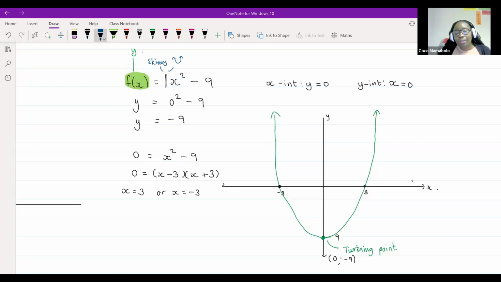And this -9 part tells me that my graph should shift downward by 9 units, right? And that's how we went from 0 to -9. So my graph has shifted down by 9 units. And that point where my graph turns is called the turning point.